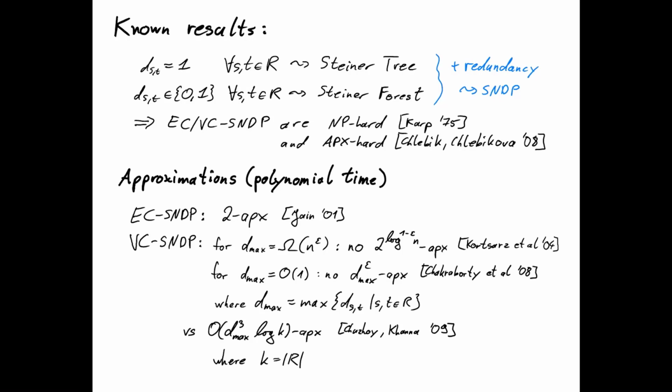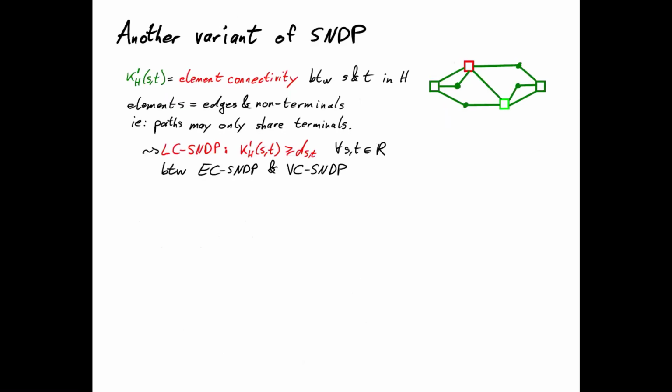Now what's interesting about this approximation algorithm is that it actually, as a black box, uses an algorithm for yet another variant of this problem, which will also be important for us. So let's talk about that. This is the element connectivity version of the problem.